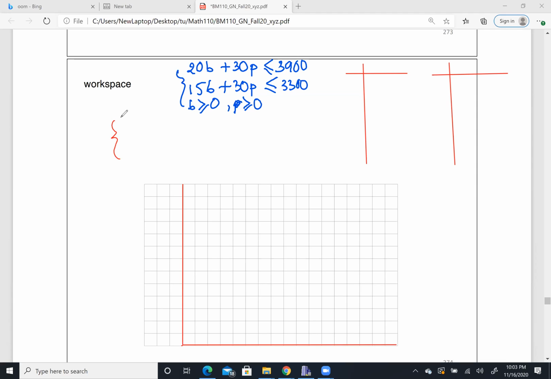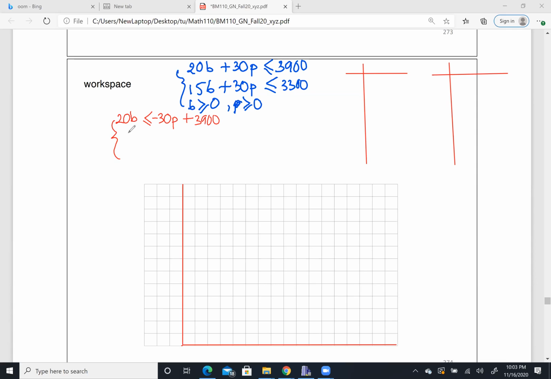So I'm gonna have 20B less than minus 30P on both sides. So I have 20B less than or equal to negative 30P, and then plus 3,900.